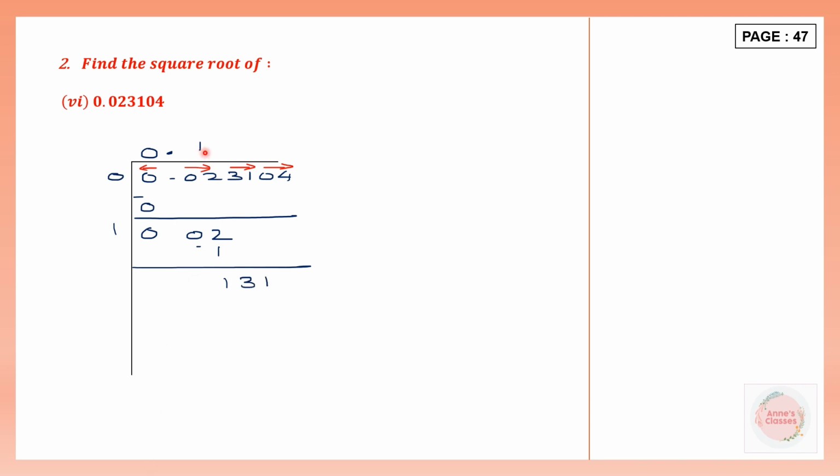Next step is double this number. That is, multiply this with 2. 1 2s are 2. Next step, next to this 2, we need to put a number which will give us a number close to 131. So remember, it's ending in 1. So think of a number whose square ends in 1, or get a number close to this.